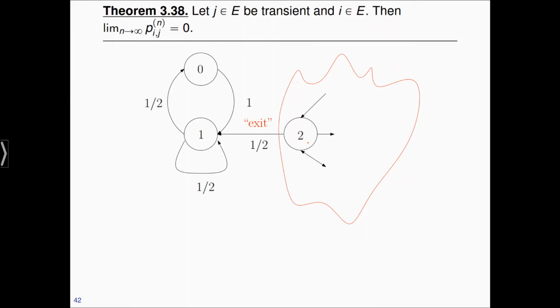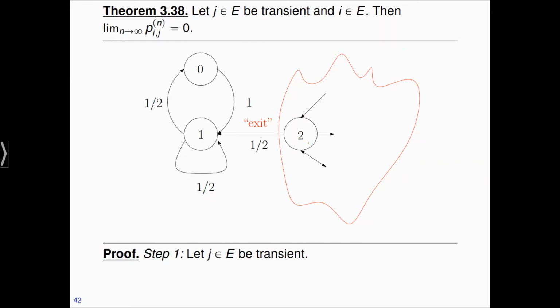Let's prove this theorem. The first step is that we start with a transient state, and we want to show that P_jj^n tends to 0. That argument is short enough to fit at the bottom of this page. Since j is transient, the probabilities P_jj^n are summable.